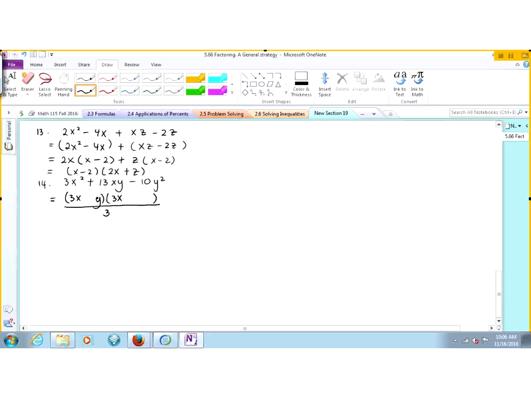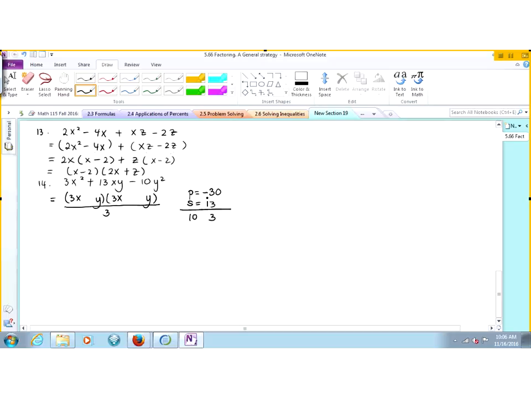But apparently I have a y, so 3x and y on the back. So the product should equal negative 30, and the sum should equal 13. So what are the two numbers?